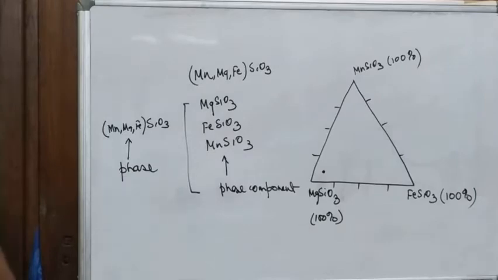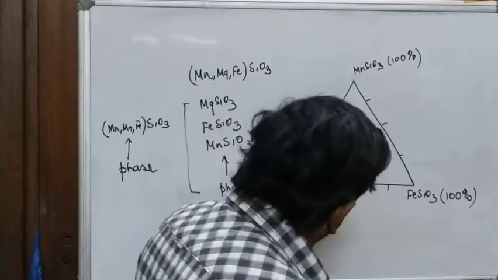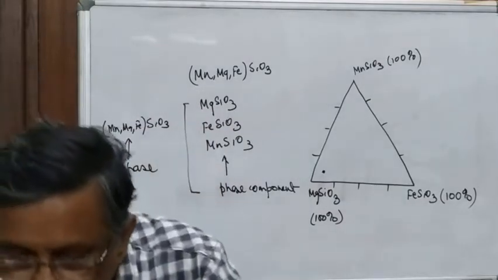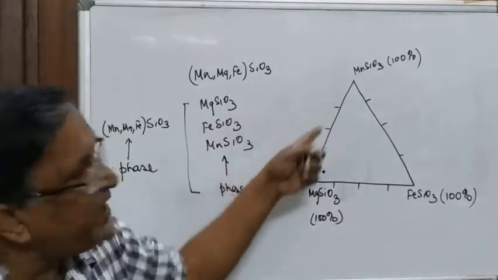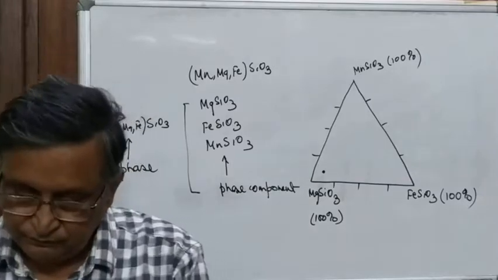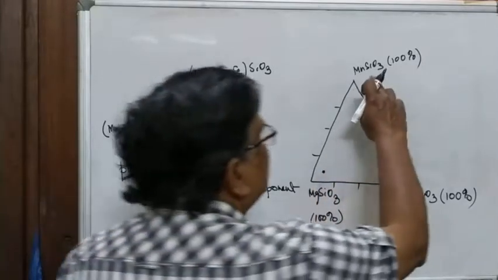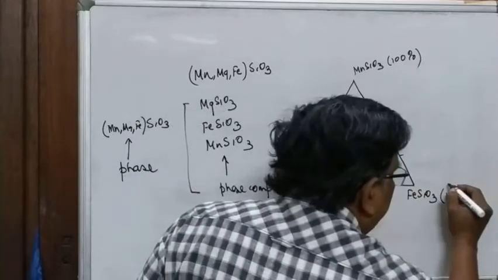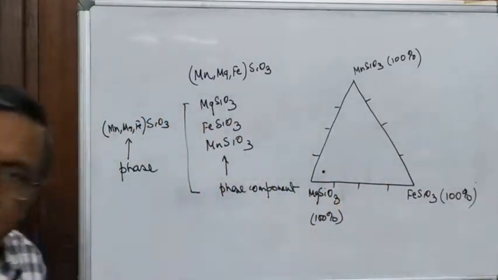Now, if this is the composition, then this can be resolved into the three end member components. MnSiO3 is 100% here, but at the baseline, MnSiO3 is 0%.